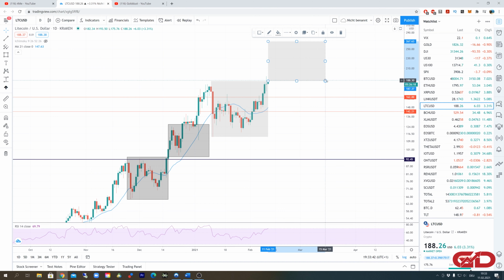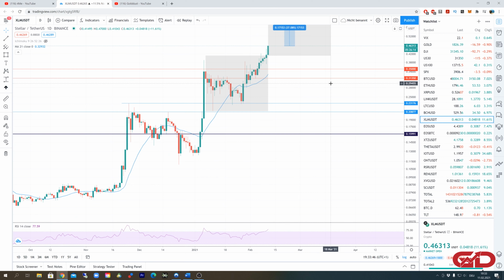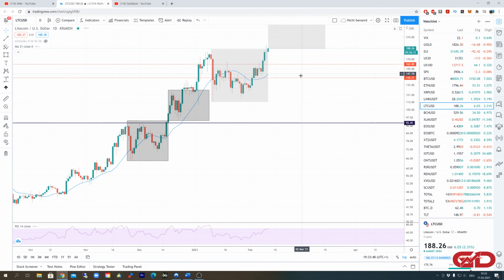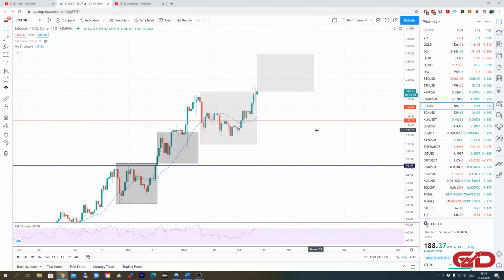I think the time window is pretty close to what we saw in Stellar. Stellar was the 18th of March, Litecoin is the 15th of March.